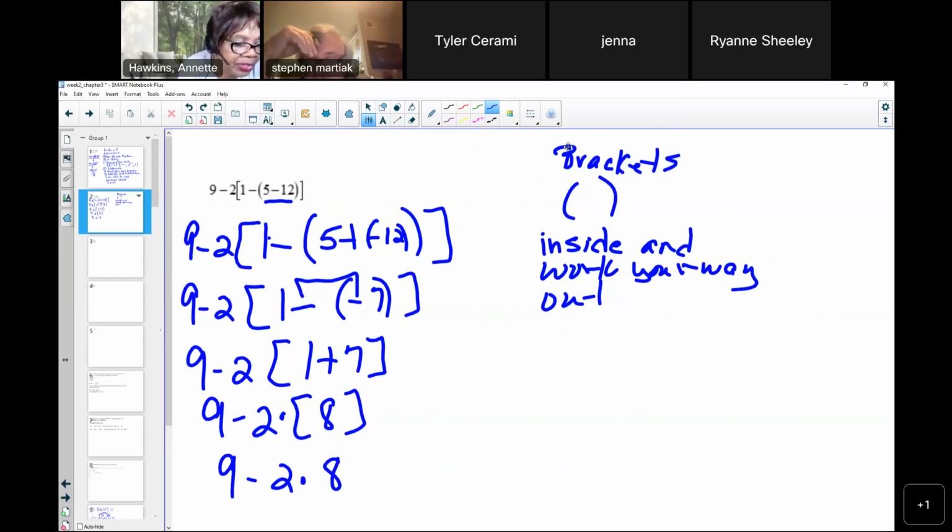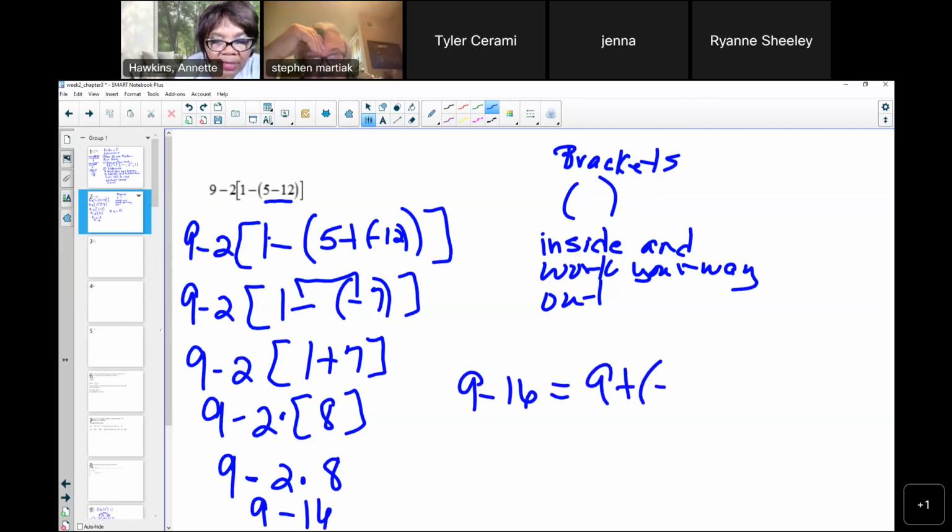Now, multiplication comes before subtraction. So this is 9 minus 16. 9 minus 16 is 9 plus negative 16. So you owe 16, but you only have 9. You're in the hole $7.